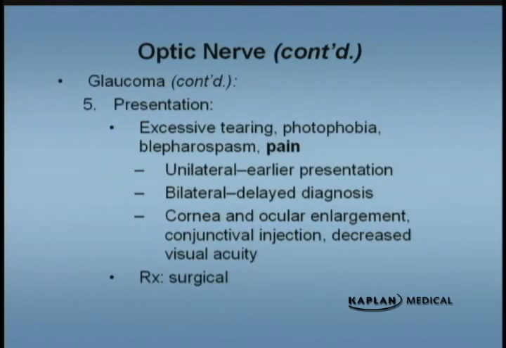Again, patients can have excessive tearing, just like with conjunctivitis. They can have photophobia and pain. So again, pay attention to painful eyes. If the eyes are runny and red and not painful, not a big deal. If they are painful, think of corneal disease or possibly glaucoma. And the treatment will be surgical to relieve the pressure.